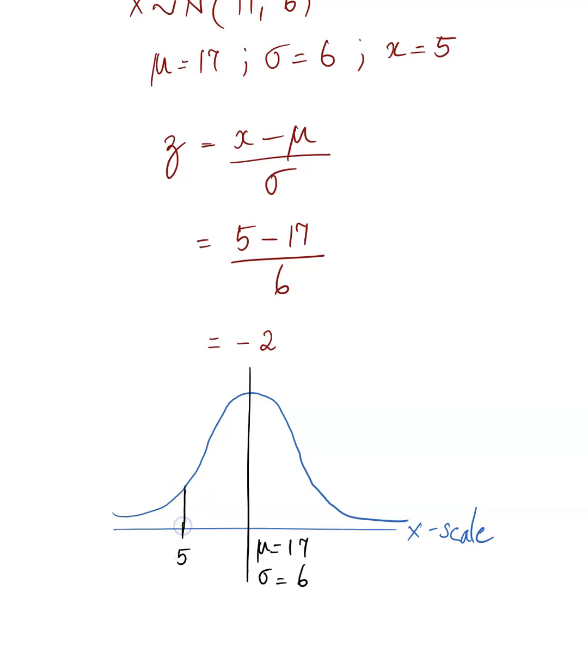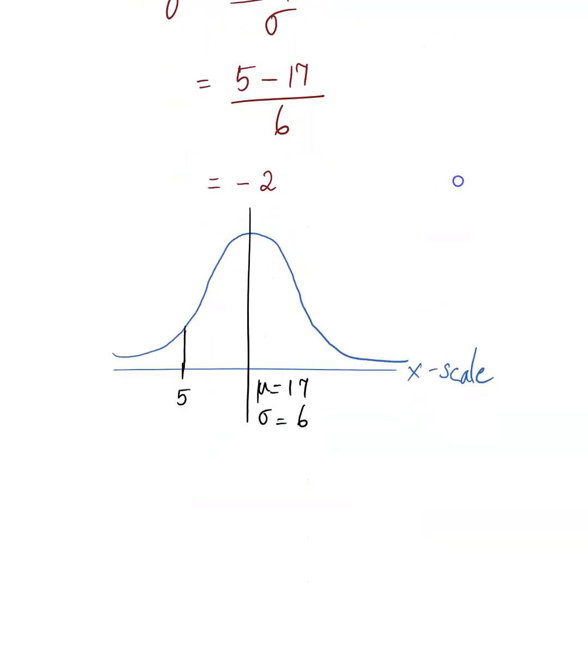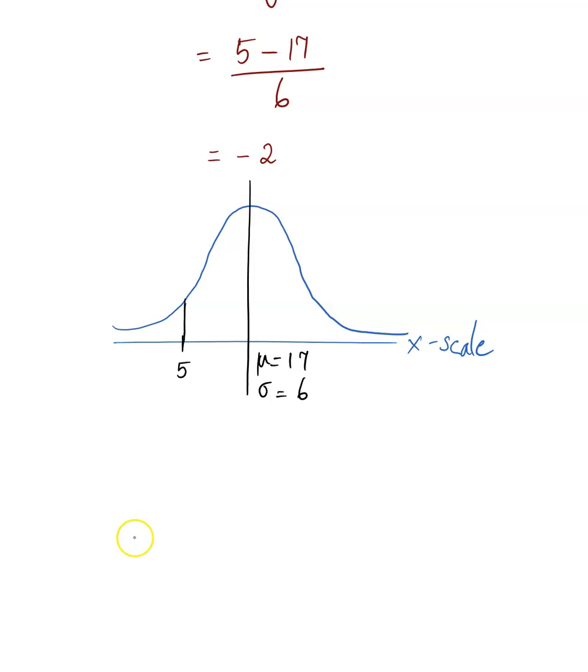Trying to find the probability, or at this time we're not talking about probability, we're just trying to find the location of 5 on the bell curve on the x scale. Now what we do when we translate is, we now get the same bell curve, it's supposed to look alike.